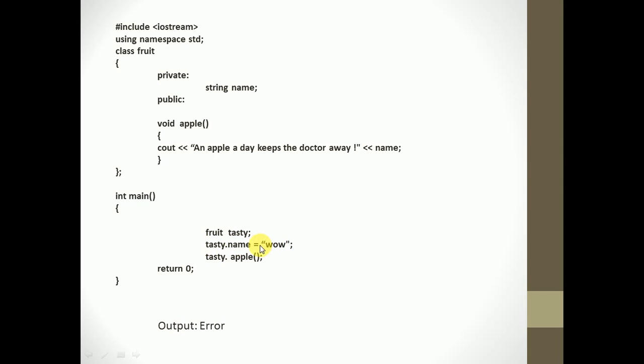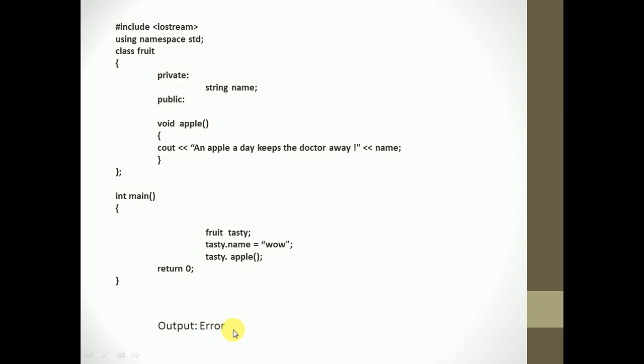This is an assignment operator, equal to. Now it comes to the next line, tasty.apple. So how do I call this apple function? Tasty.apple. It directly comes over here. So now it sees cout, an apple a day keeps the doctor away. That should be displayed. But it shows me an error.